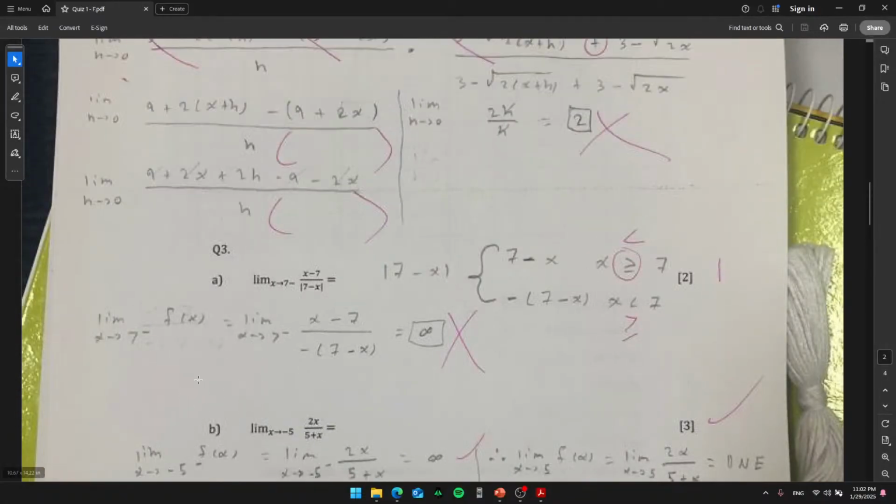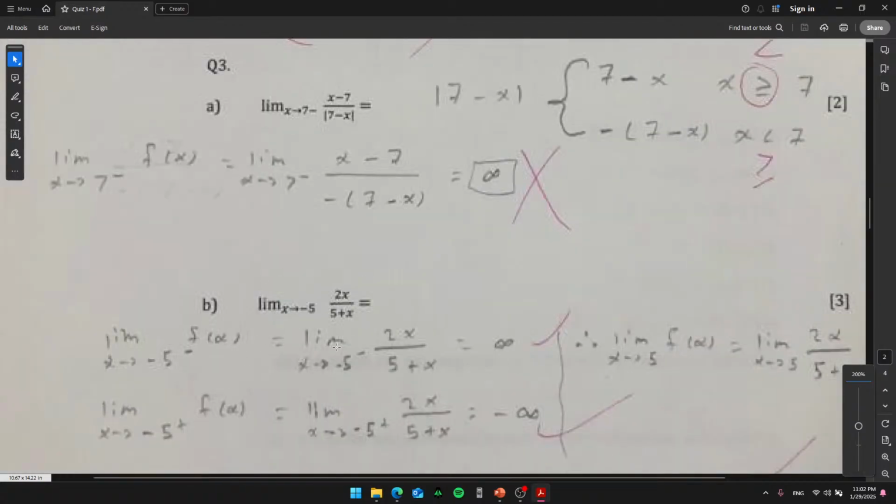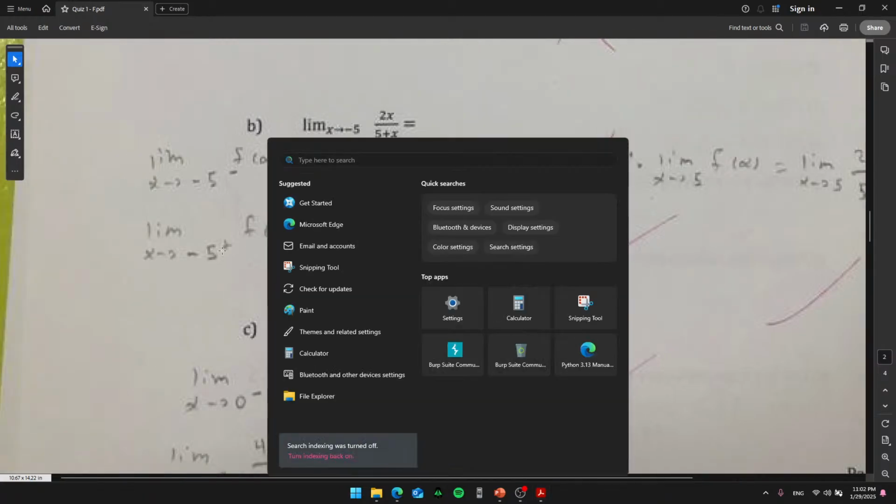This one you have to check from left to right. I mean, let's solve it. It's easy.